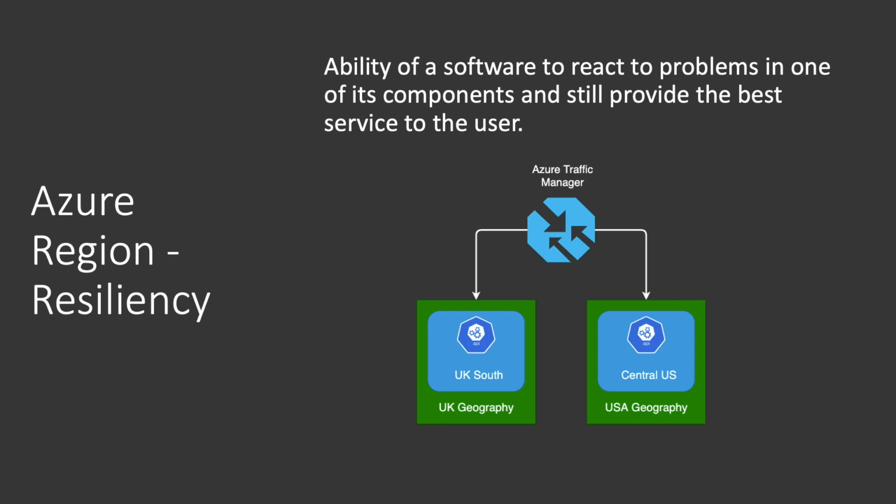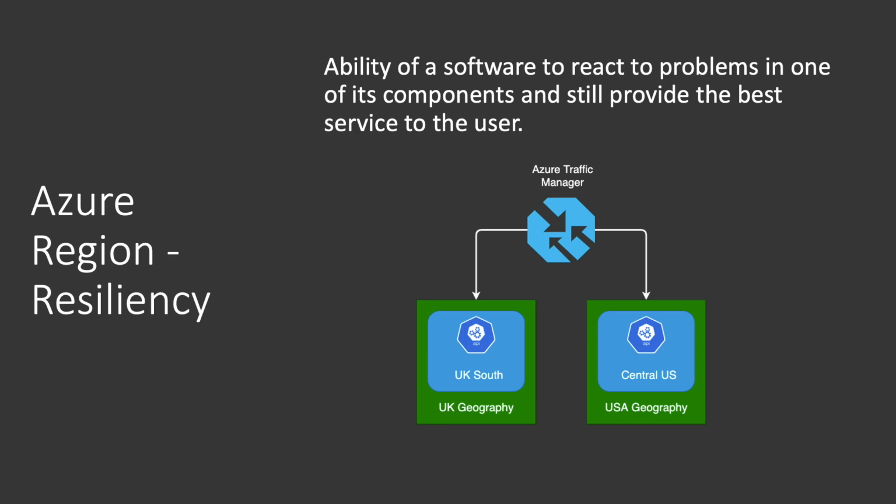As we can see from this picture, let's say I have my API which is running smoothly, and then something goes wrong in our UK South data center, where our application is currently running. In order for us to provide the best service to our customers and make sure they are not impacted by the issues that the UK South region is currently facing, we need to deploy our application into a different region.